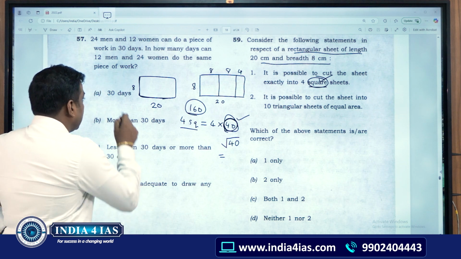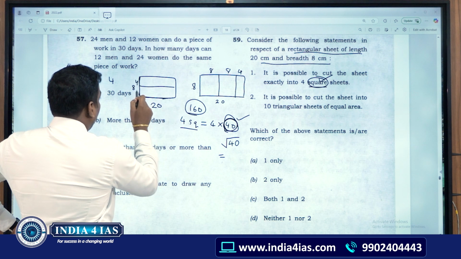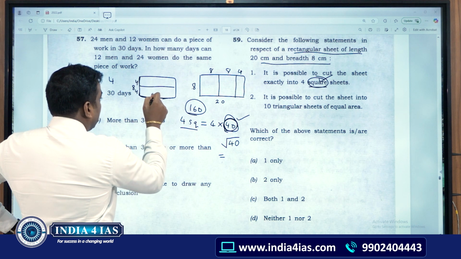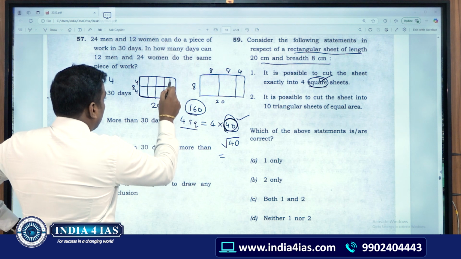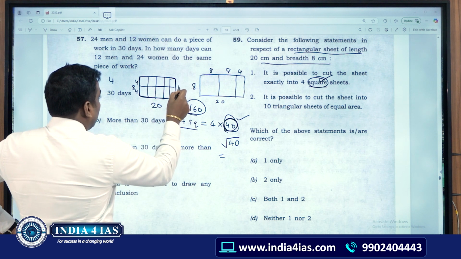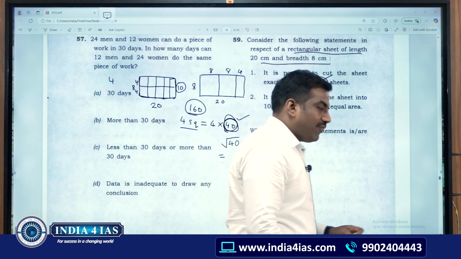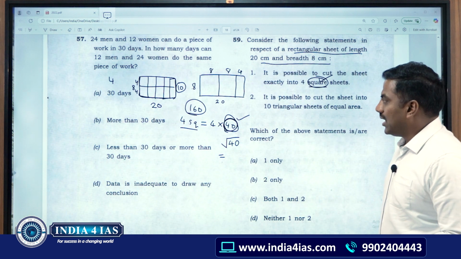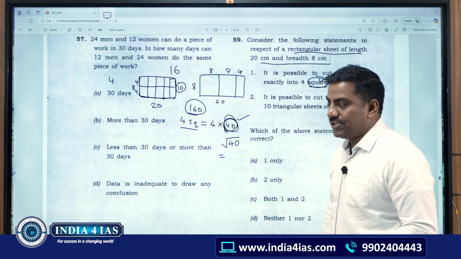HCF of 8 and 20 is 4. What I can do is 4 into 4, then here 1, 2, 3 and 4, so here 4 into 5. So I will have 10 squares of 16 square centimeter each.